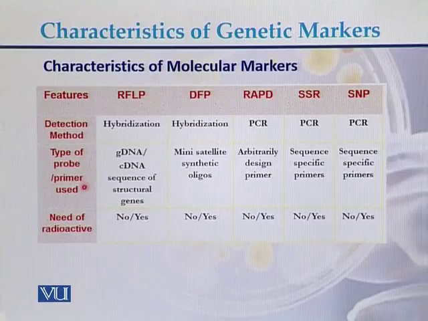Regarding the type of probe or primer used, it can be genomic DNA and cDNA in case of RFLP. In case of DFP, minisatellites. In case of RAPD, arbitrarily designed primers. In case of SSR and SNP, both use sequence specific primers or probes.